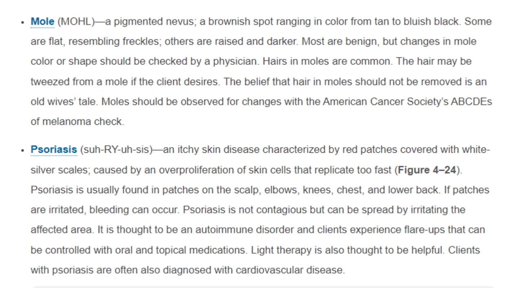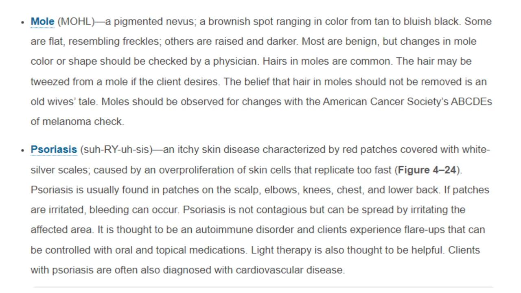Psoriasis, an itchy skin disease characterized by red patches covered with white silver scales, caused by an overproliferation of skin cells that replicate too fast, Figure 4.24. Psoriasis is usually found in patches on the scalp, elbows, knees, chest, and lower back. If patches are irritated, bleeding can occur.